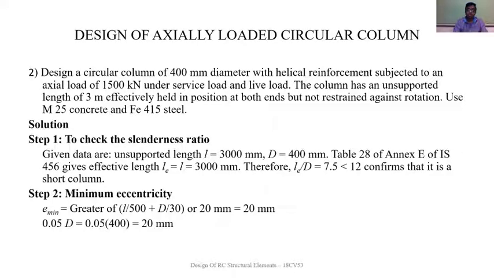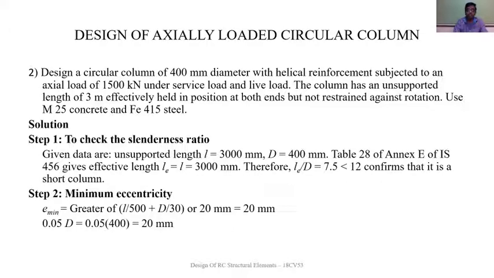So here, the effective length factor mainly depends upon Annexure E, Table 28, which gives you the different support conditions of the column. Based on those conditions, we consider the effective length factor and multiply it by the unsupported length. Here, the effective length factor for the given support condition, effectively held in position at both ends but not restrained against rotation, is 1.